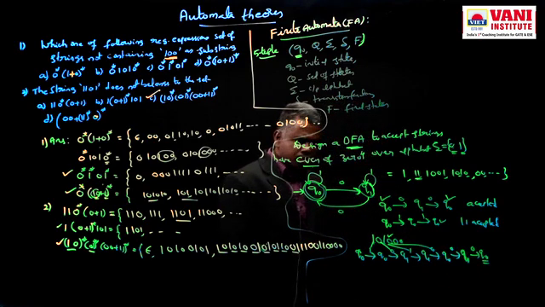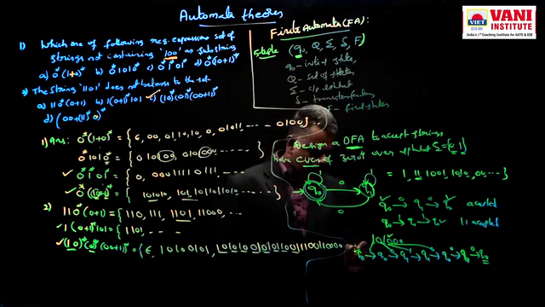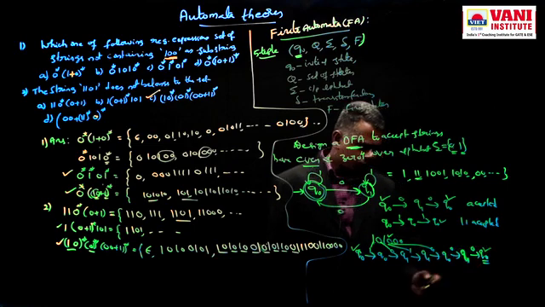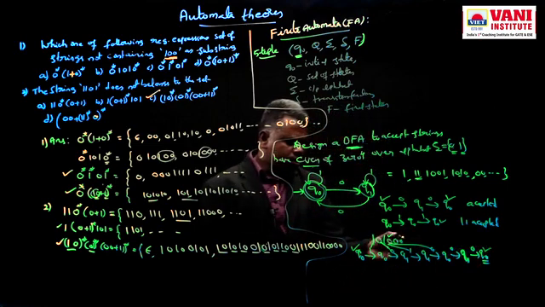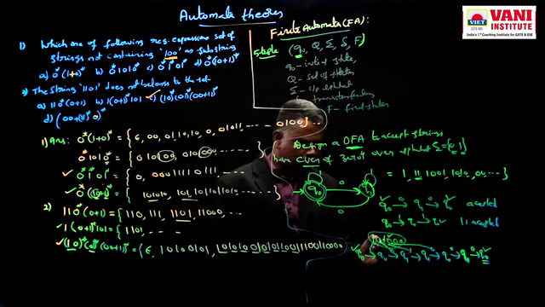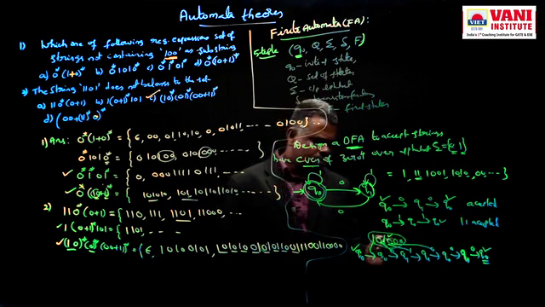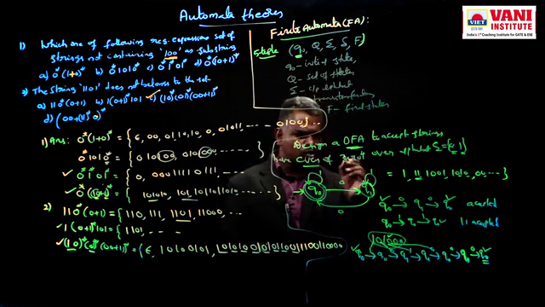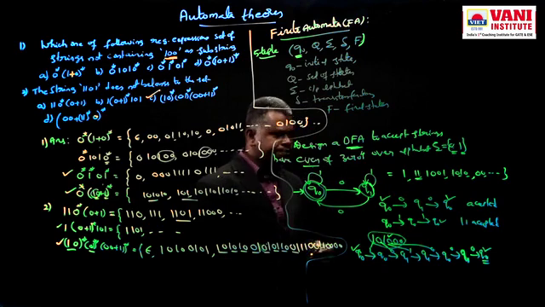Therefore we started in the initial state and reached the final state, so this string is accepted. The total number of zeros in this string is 4, which is divisible by 2. Even number of zeros means the number of zeros is divisible by 2.